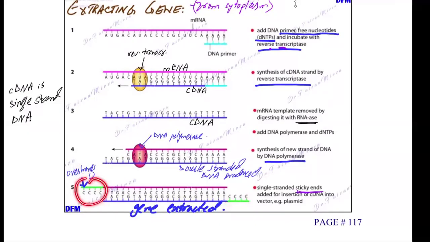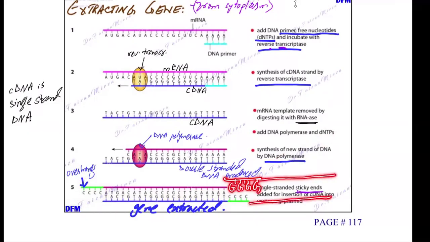Now these sticky ends will attach to the host cell where you will have the complementary sequence to these. So for example, if I have to place this DNA into a host cell, that host cell must have the sticky ends complementary to this end. So for example, the GGG nucleotides will be there, and then the structure of DNA will continue.